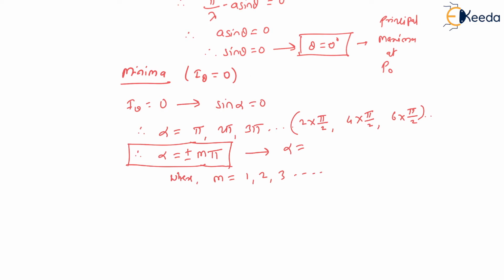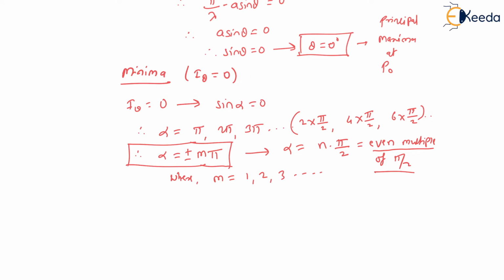So I can say alpha is n into pi by 2, where 2, 4, 6 means even multiple of pi by 2. So this is another way. We can say that minima will obtain when the phase difference is even multiple of pi by 2, definitely we will get a minima or minimum intensity point. Remember these conditions in both the terms.